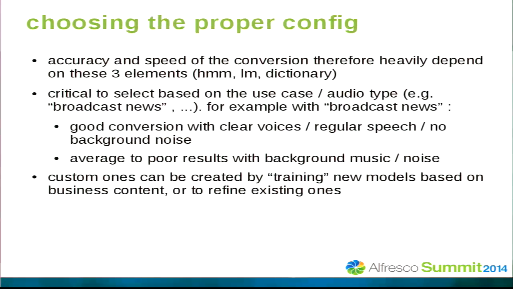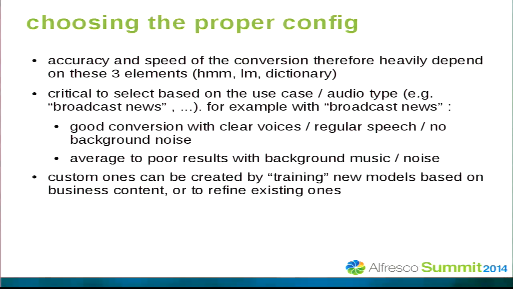Just one bit of warning about this: it is absolutely critical that you select all three parts to match your actual content. There will be something called broadcast news in this tool, which means you will be indexing audio that is someone talking in a relatively slow voice with no background noise, so that's easy to identify.